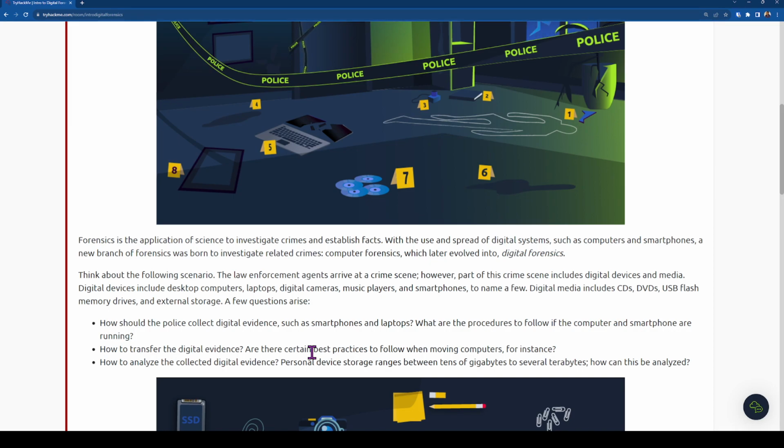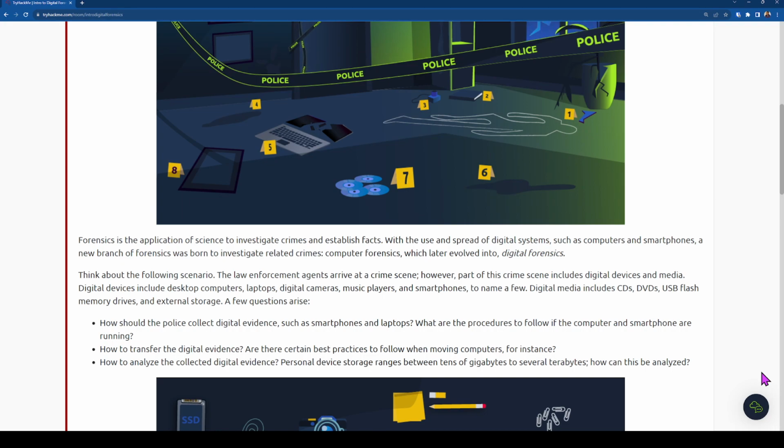Forensics is the application of science to investigate crimes and establish facts. With the use and spread of digital systems such as computers and smartphones, a new branch of forensics was born to investigate related crimes: computer forensics, which later evolved into digital forensics.